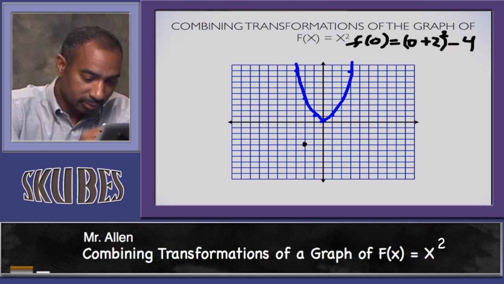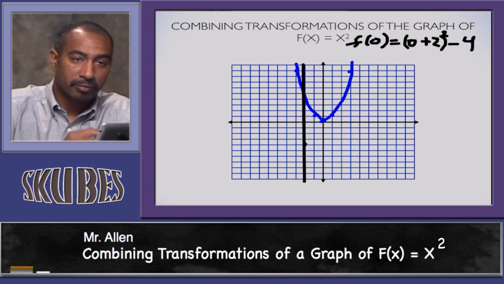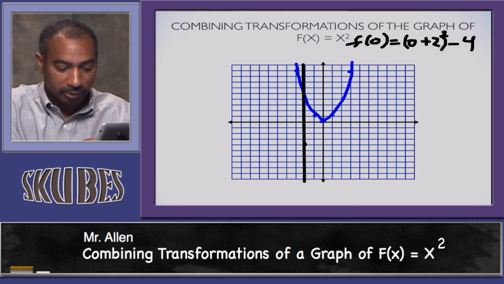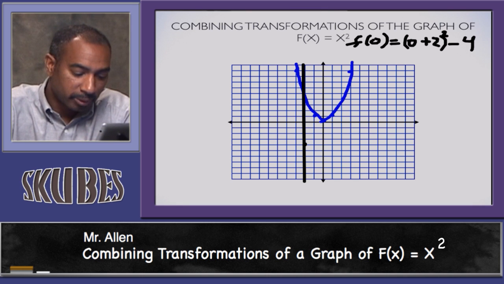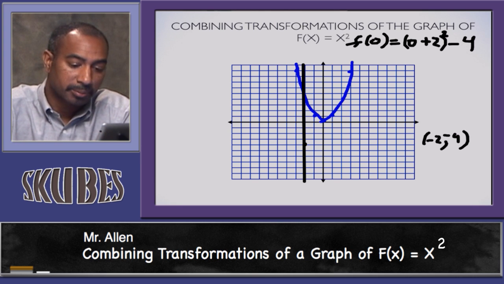You want to pick points to the left or right of this. What we're doing is just taking this parabola and shifting it down here. So this point now is negative 2, negative 4. This is our new vertex as opposed to 0, 0.